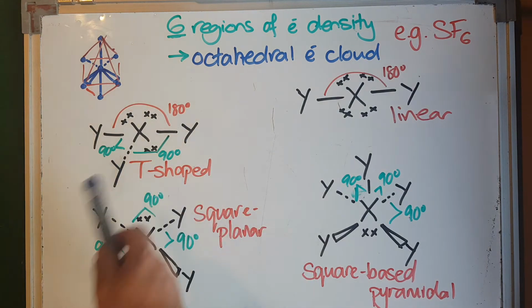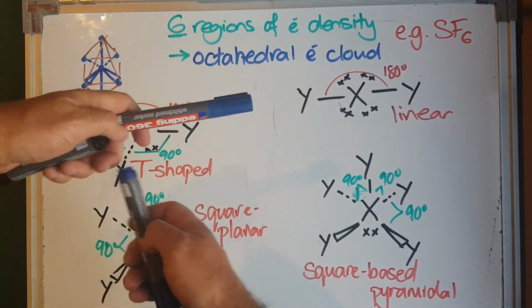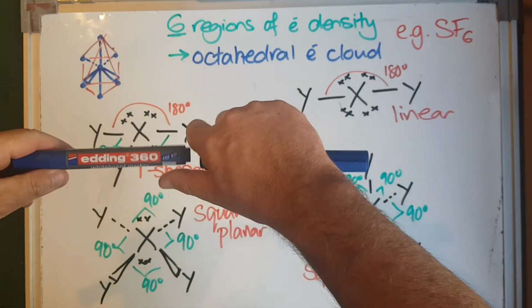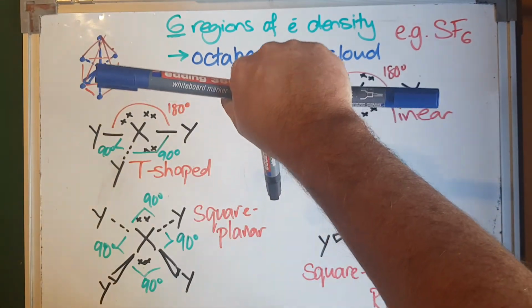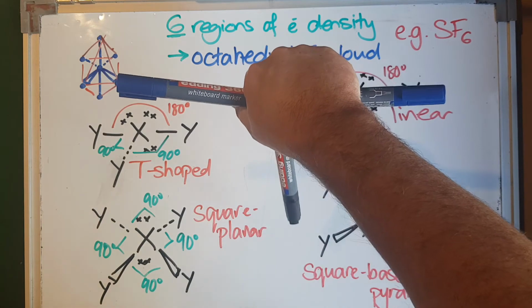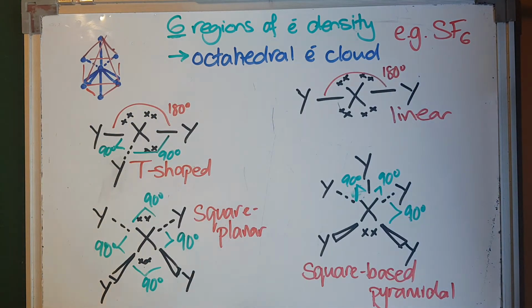It's hard to show that way, but this is kind of what I'm trying to show: 2 in the same plane, 1 going into the board, and then if I rotate that, I end up with my T-shape.